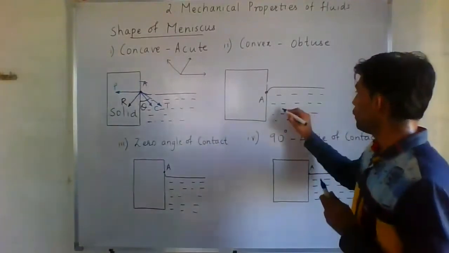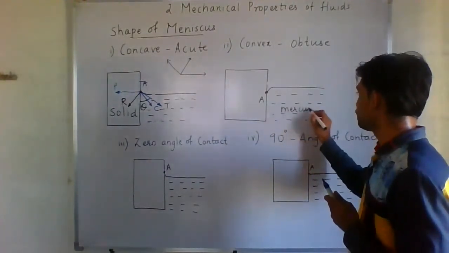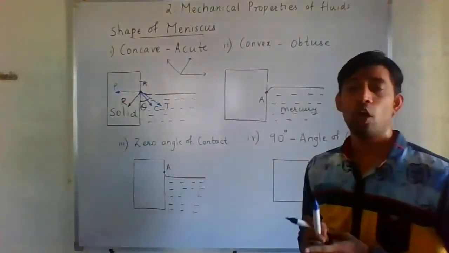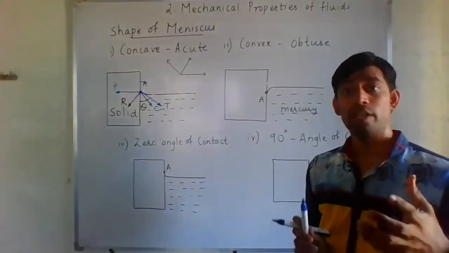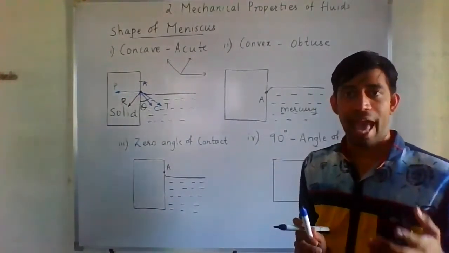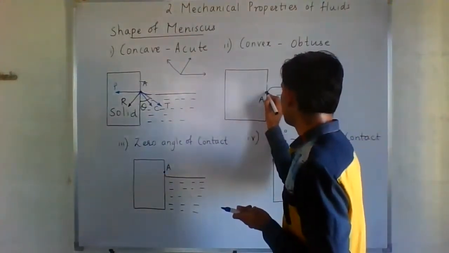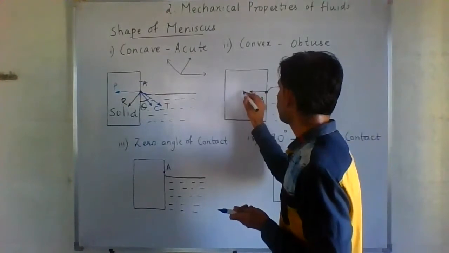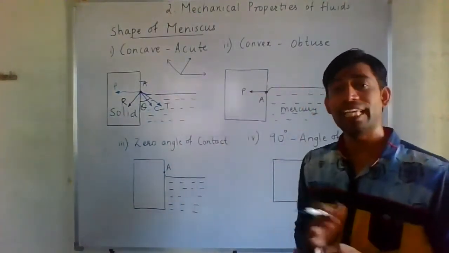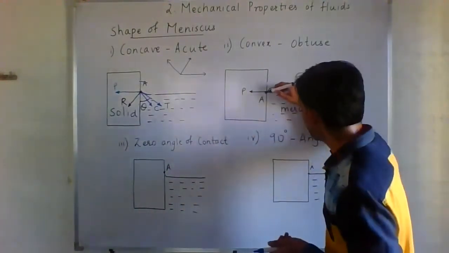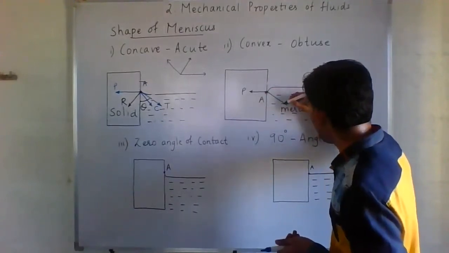In case of mercury, which does not wet the solid, cohesive forces are stronger and adhesive forces are weaker. So in this case, AP will be shown by a shorter arrow, whereas AC has to be shown by a longer arrow.